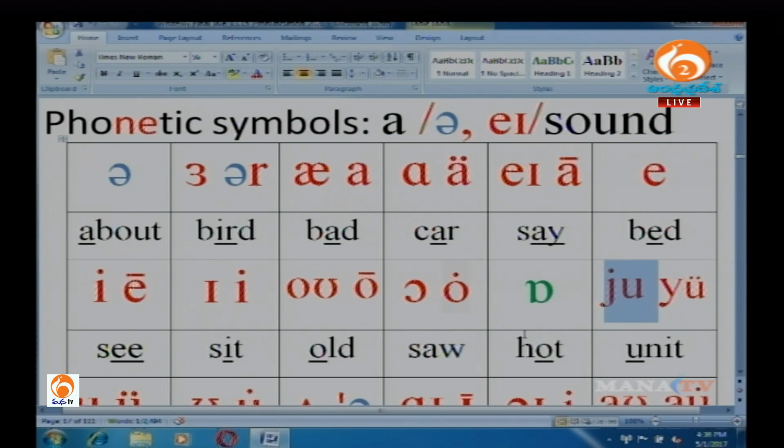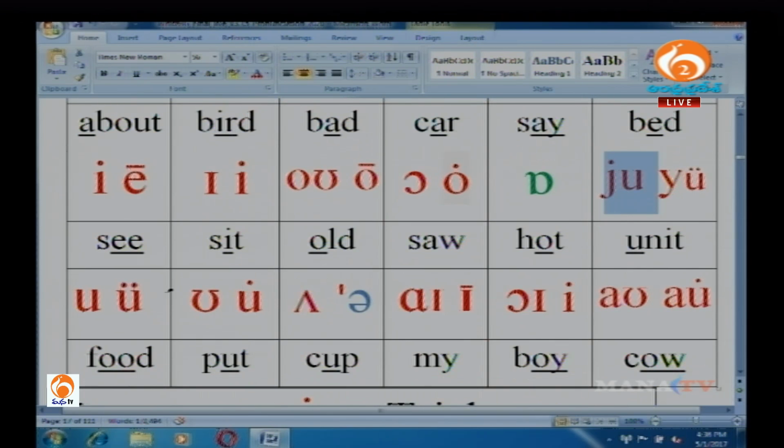This one you, not considered to be a vowel, although that's the sound of you. This one long oo, food. This one short, put. You have to practice the short and long. This one stressed sound, cup, run, like that.